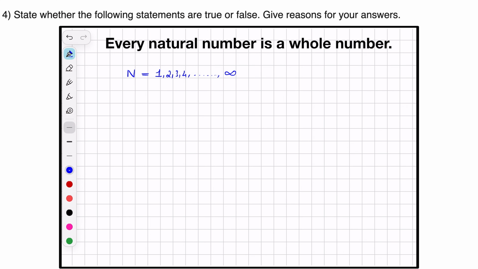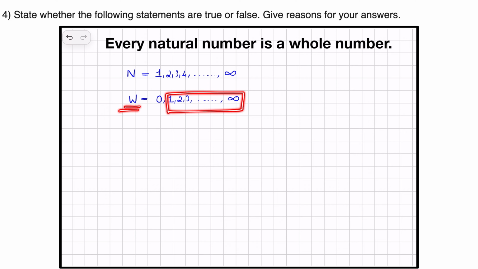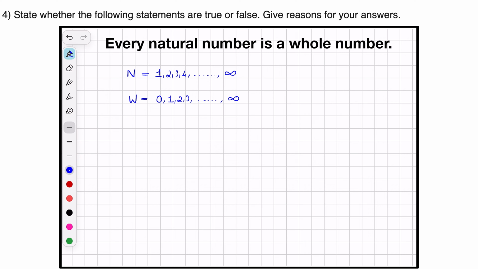Whole numbers are represented by the capital letter W, and we have numbers starting from 0, then 1, 2, 3, and it goes all the way up till infinity. So we have all the natural numbers plus 0, we will get whole numbers. So every natural number is also a whole number. So the answer to the first question is true.